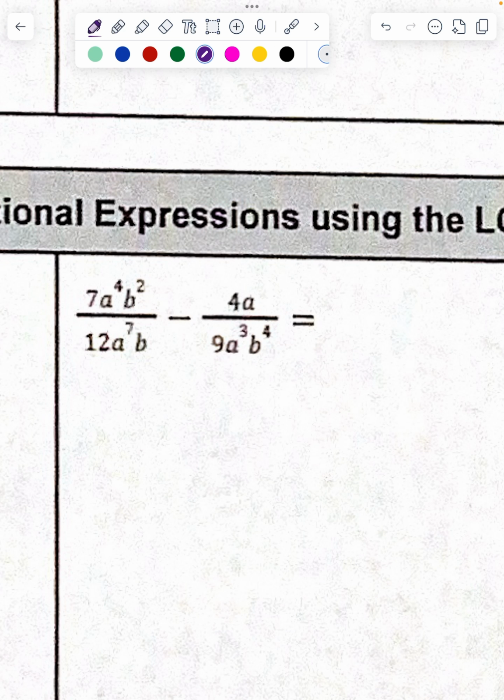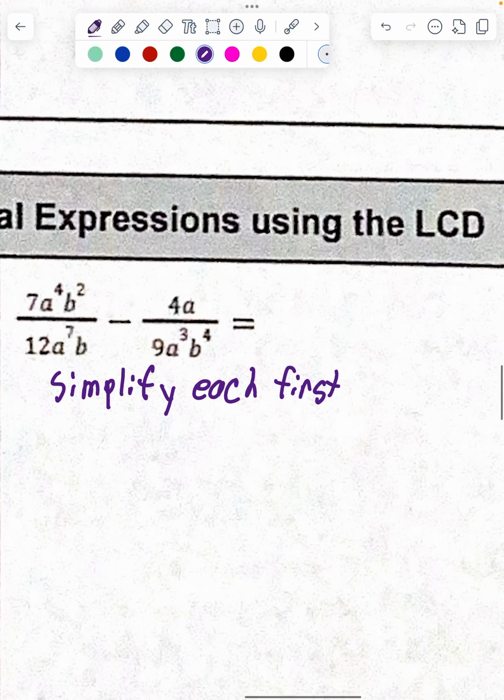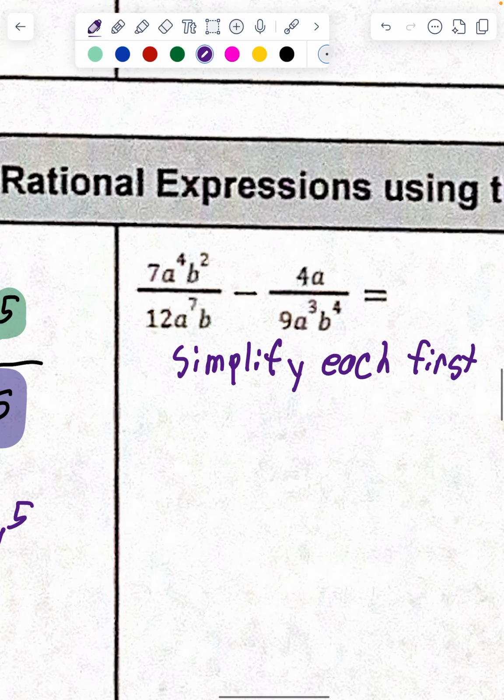So first step is to simplify. And in order to simplify, you're just going to simplify each side again. So for the left-hand fractional value, we're going to be left with 7, 12.